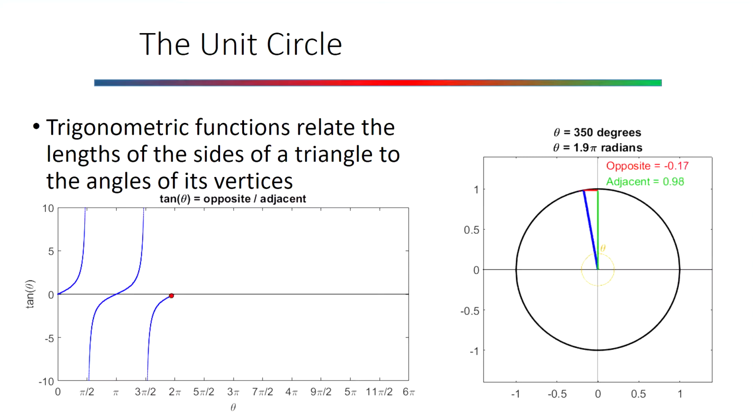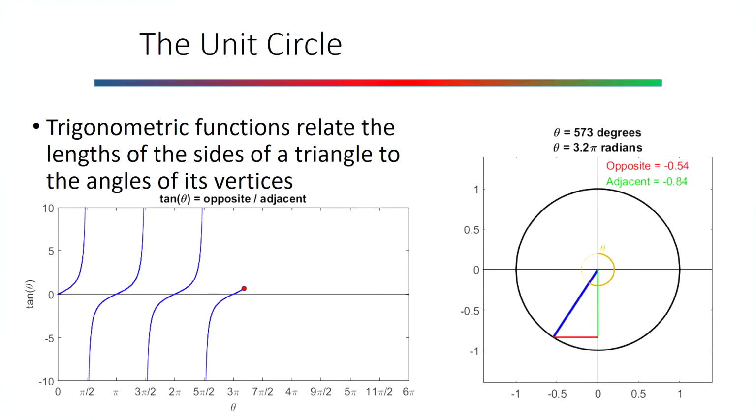Once you've crossed past 90 degrees, the adjacent side becomes a very small negative number that you're dividing the opposite side by, so the tangent function comes back in from a very, very negative number. As you move along, it continues to move towards 0 until finally you get to 180 degrees, where the opposite side is again equal to 0, and so is the tangent.